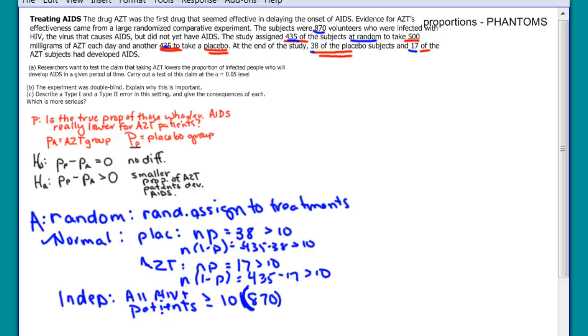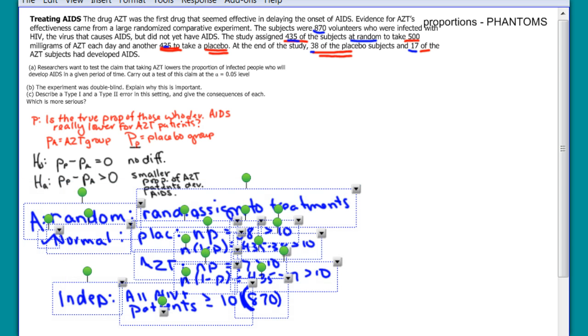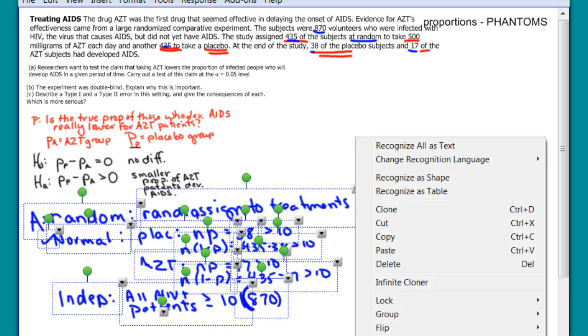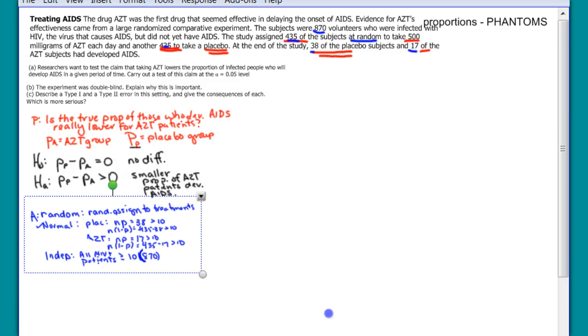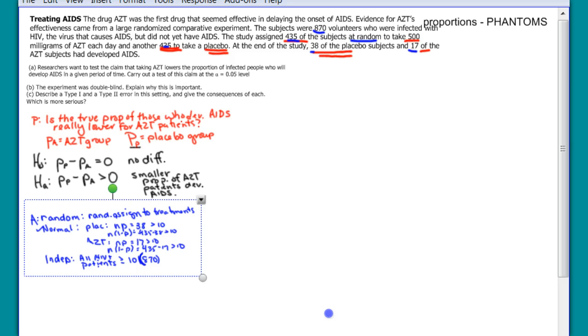Well, where are we next? Next, we've got to take a look at gathering all of our information. Let's take this part, my conditions, group them together like I did before, and make that a little bit smaller so that I have more room to write. So I've got all that together.